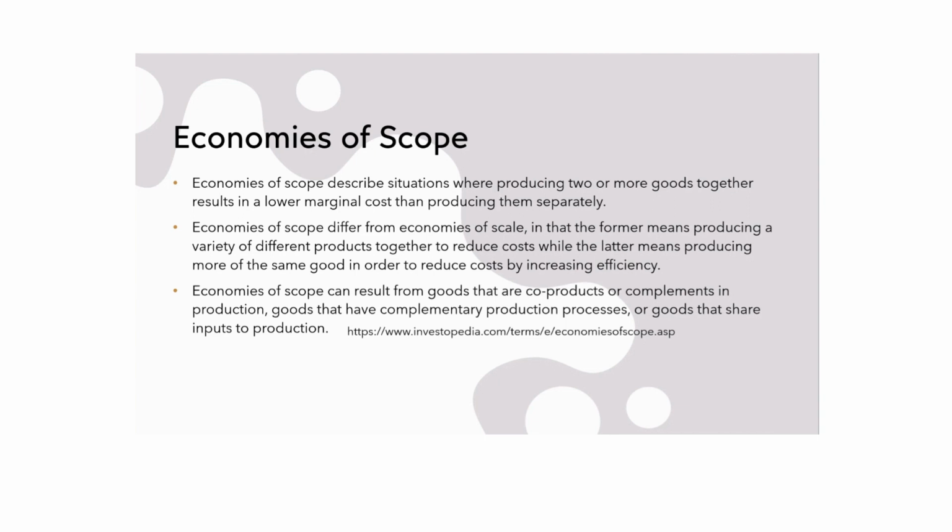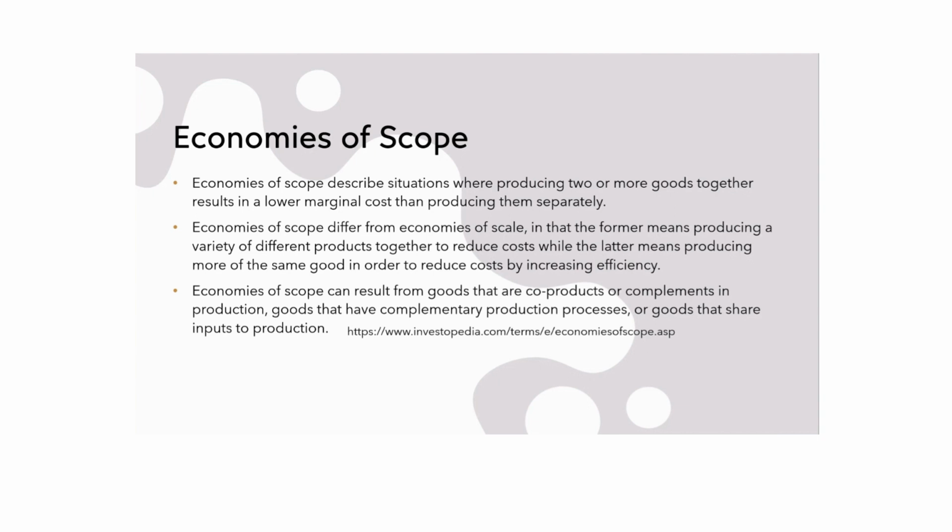What we're looking at here is the number of products, the variation of products. Yun yung scope. Okay. The economies, it's the ability to lower the cost. Economies is about lowering the cost, and the scope is about variety of goods that can be produced. No?